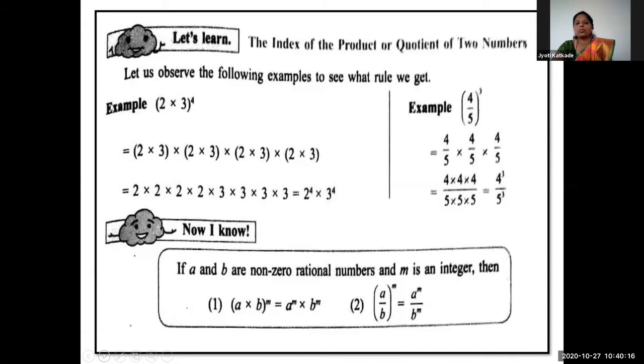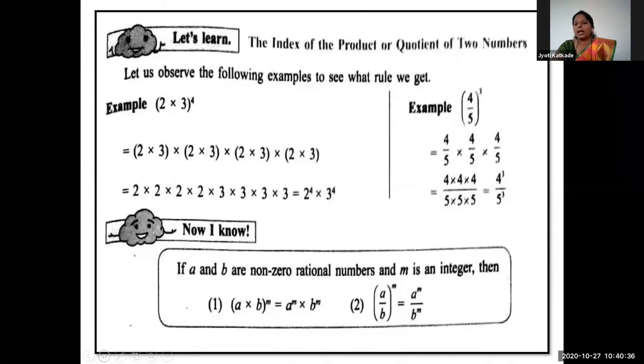Now from this we get the rule, which is, see at the bottom: if A and B are non-zero rational numbers and M is an integer. I think all of you know which are the integers. We have all seen them in the rational number lesson.